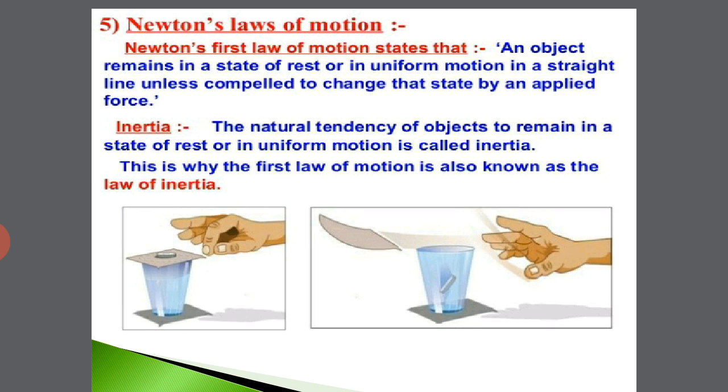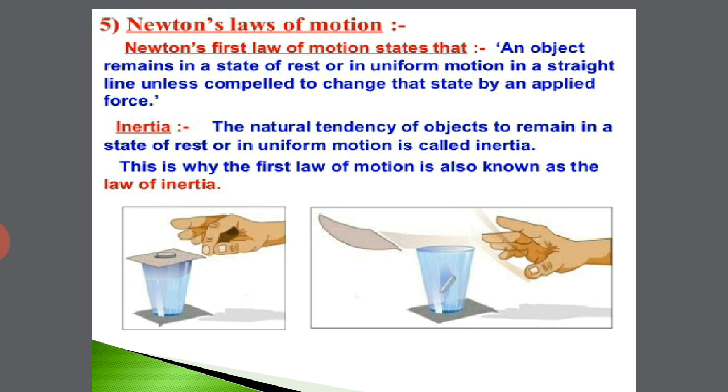Inertia: the natural tendency of objects to remain in a state of rest or in uniform motion is called inertia. That is why the first law of motion is also known as the law of inertia.